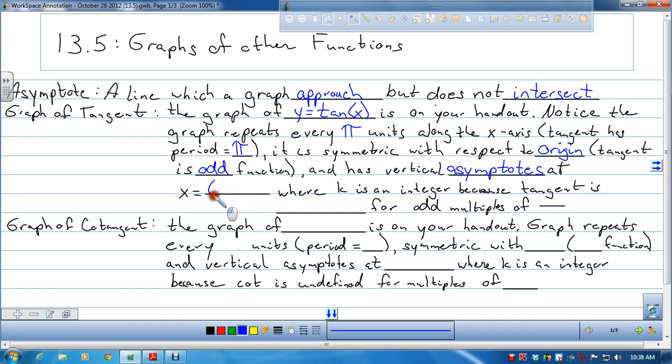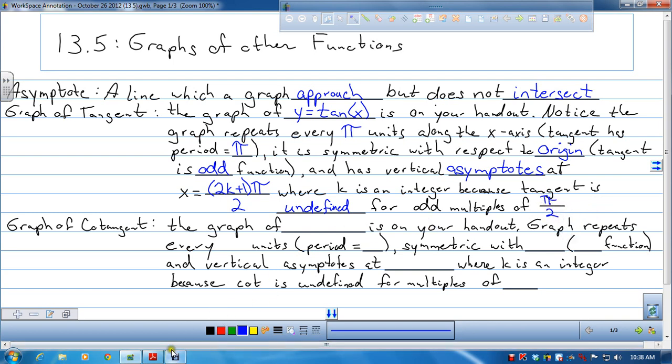And what those will be for tangent is x equals (2k + 1) times pi over 2, where k is any integer, because tangent is undefined for odd multiples of pi over 2.